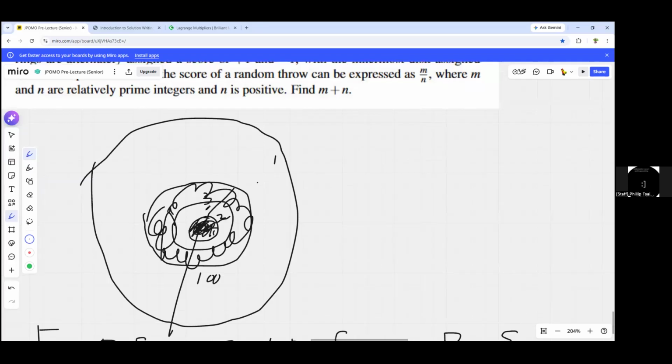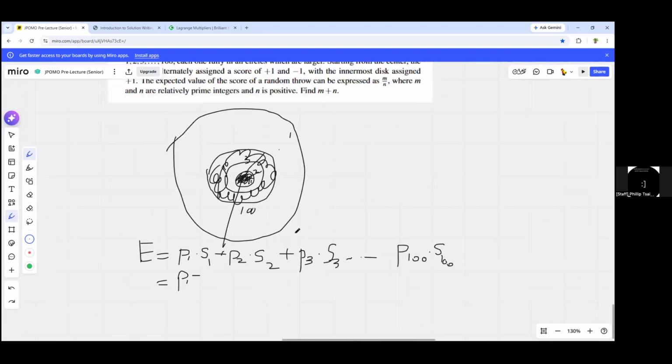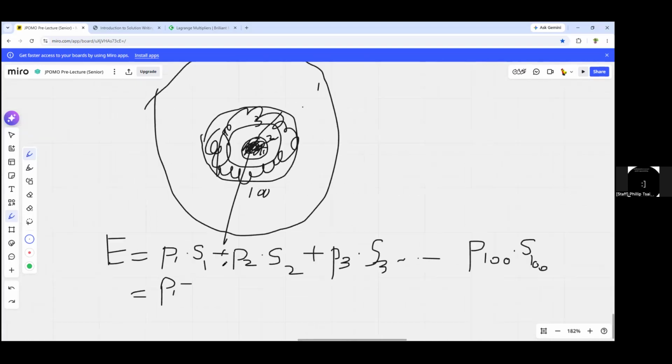As it goes on, P2 is the probability of hitting the second ring, P3 the third, etc. Why are we doing this? Because this is basically the definition of the expected value. We need to define what we're trying to get first in a problem like this.